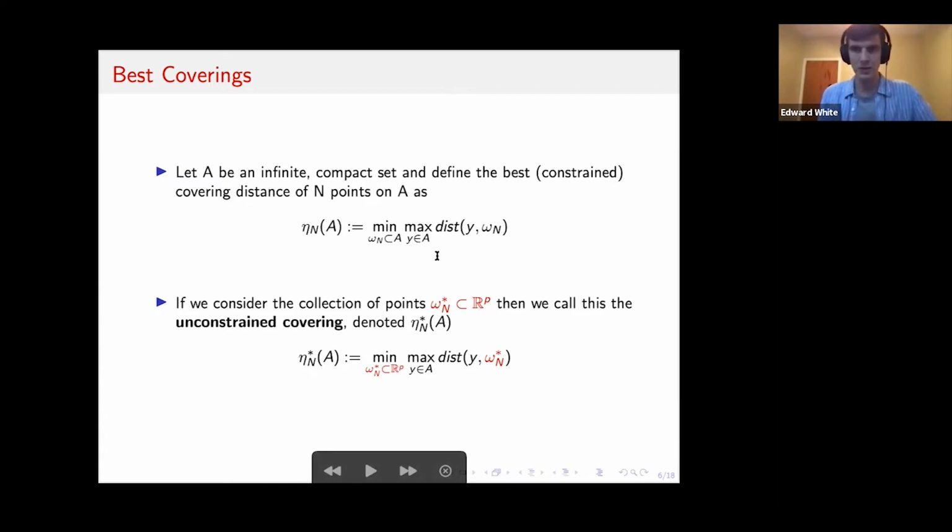Yeah, so that will require us to do some swapping of the arguments. So before with best packing, it was a minimum of distances, and then we took a supremum. So here with covering, because of the dual nature of it, it's going to be a maximum over the points y which are far away from your covering. And then we want to minimize that covering distance over all configurations.